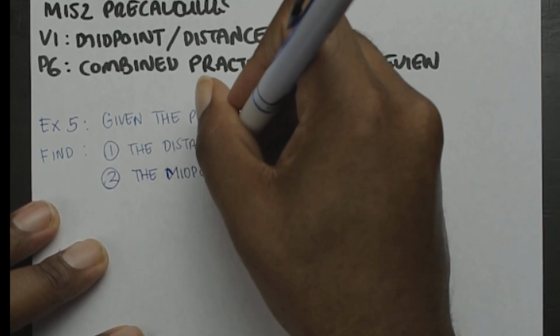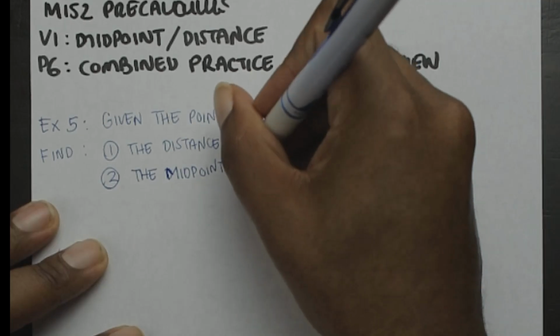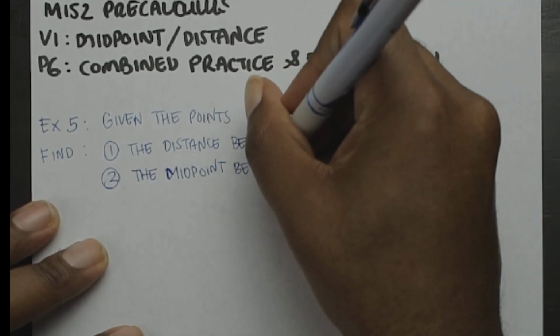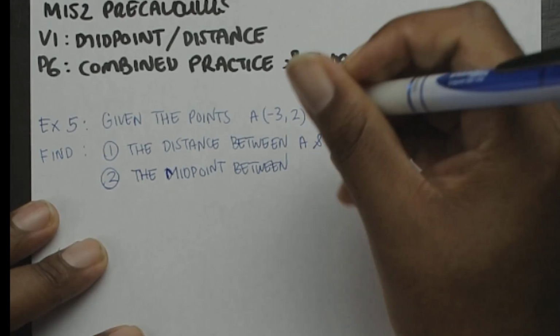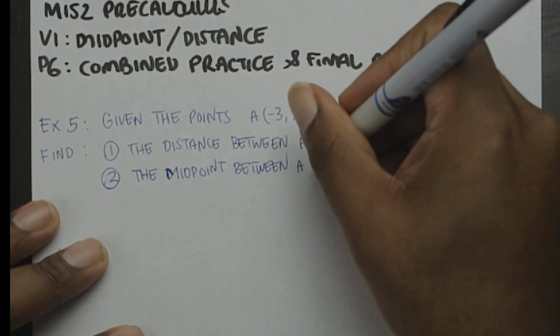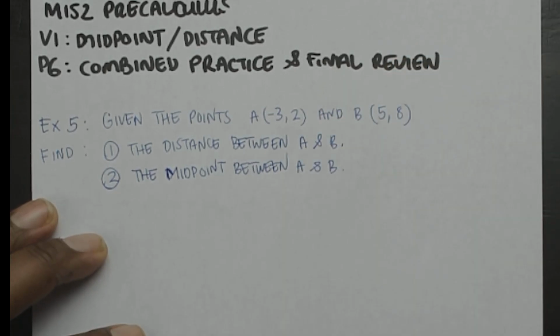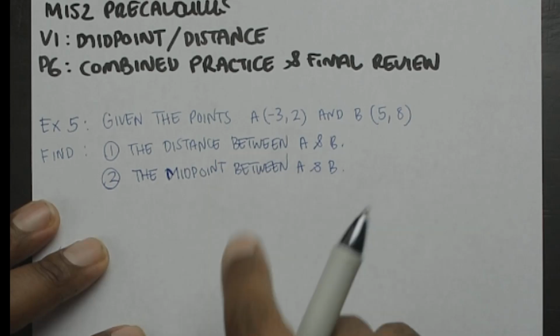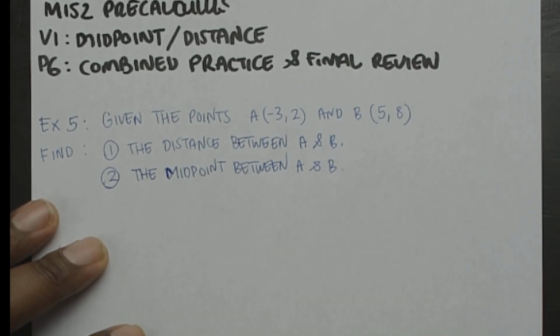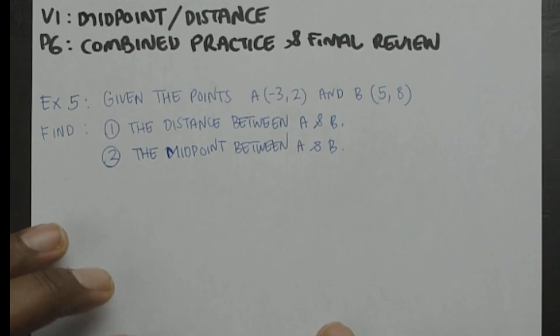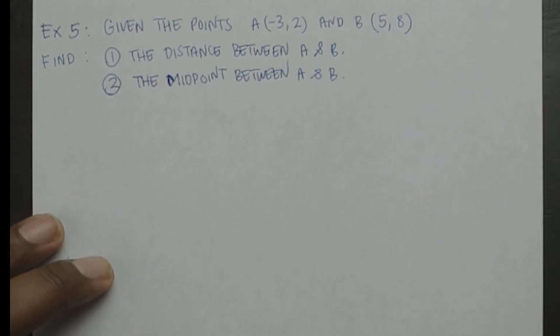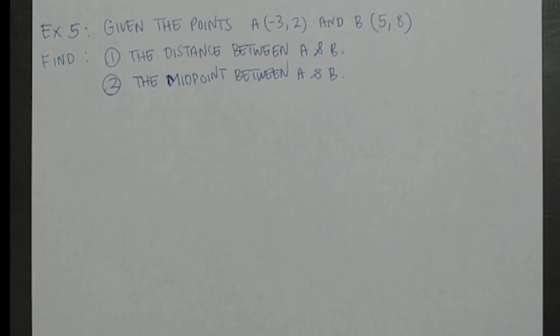Midpoint between A, oops, and B as well. That almost was a disaster. Okay. So the distance between A and B and the midpoint between A and B. So this is example number 5, and we're going to do both of those things.